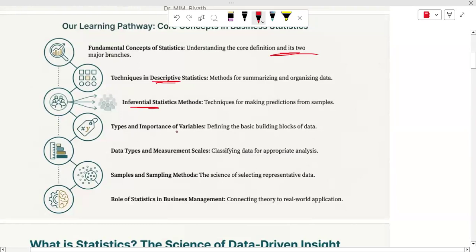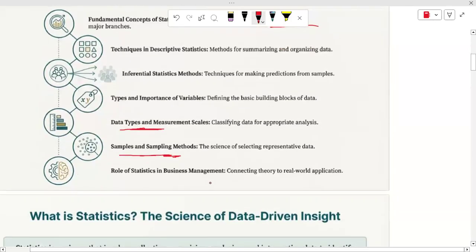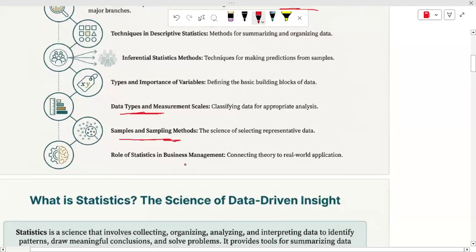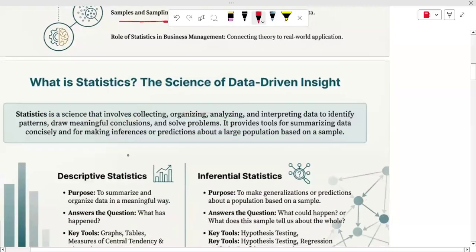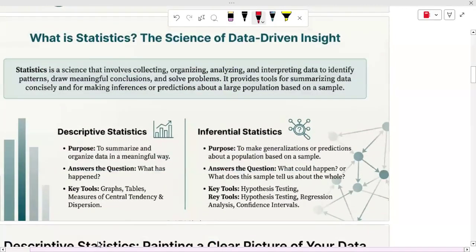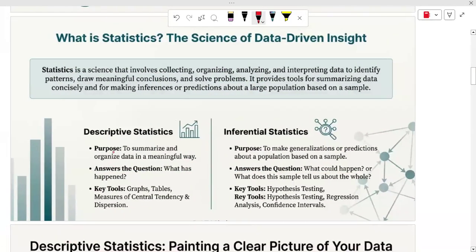And types and importance of variable types, data types and measurement scales, sampling and sampling methods, and the role of statistics in business. It's the business application of statistics. Before that, what is your understanding about statistics? What do you mean by stat?